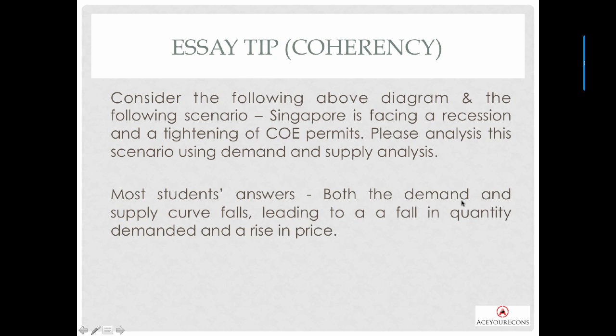So the second problem that we have is coherency. Using the same diagram earlier on, you have the following scenario. Singapore is facing a recession and tightening of COE. Let's assume that the previous diagram is talking about the car market, diagram 1, figure 1 in Singapore.